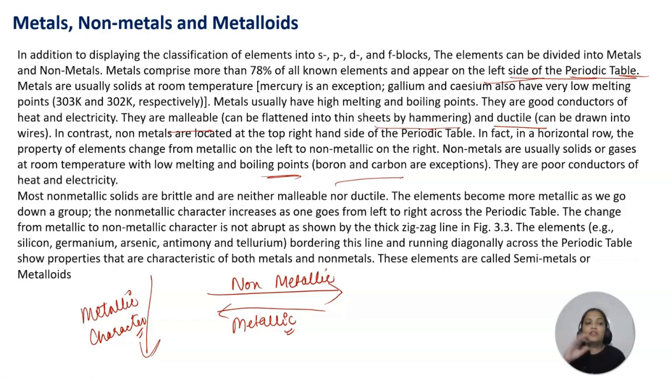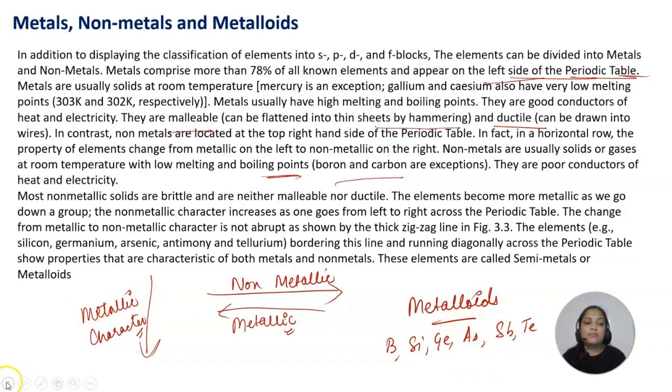So there is a change from metallic to non-metallic character, right? But that change is not abrupt, all right? There are certain elements that can be seen in between, which we call metalloids. Metalloids include boron, silicon, germanium, arsenic, antimony, tellurium, polonium.